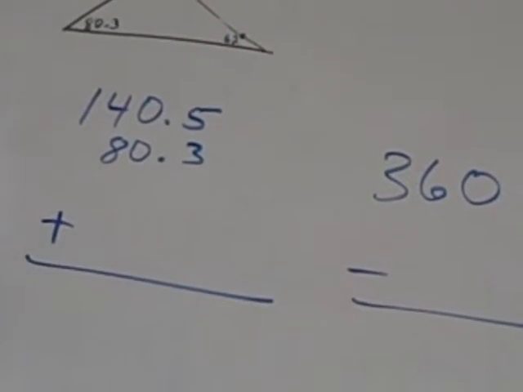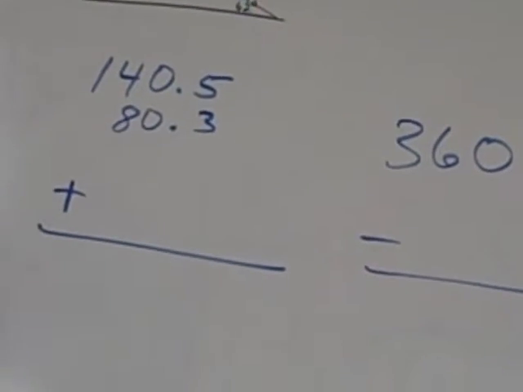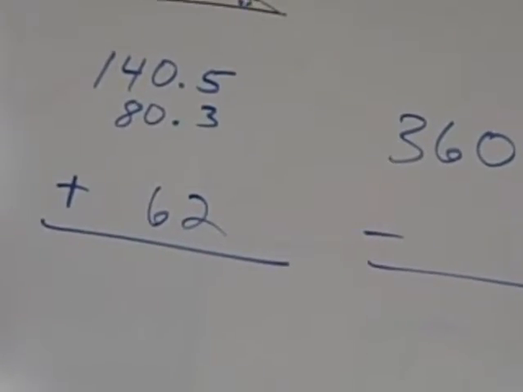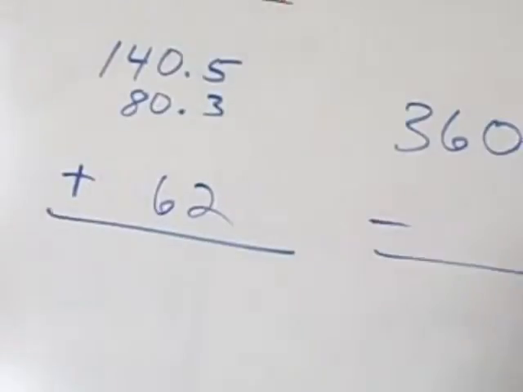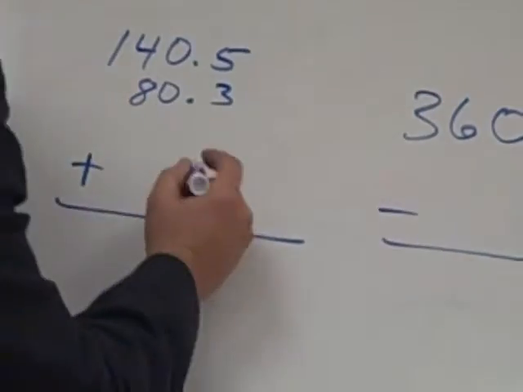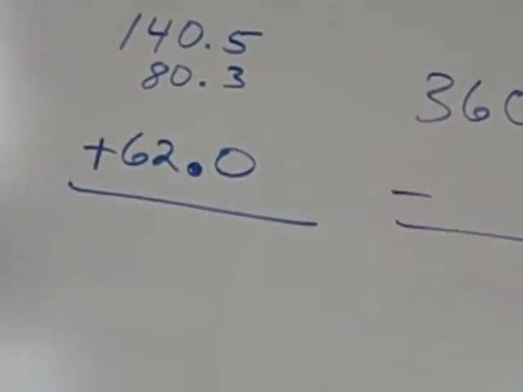I happen to be lining up my decimals, something we learned first semester. 62. Where do I put the 62? Like that? No. It has a Casper 0, decimal and 0. So there, 62 and a 0, right?